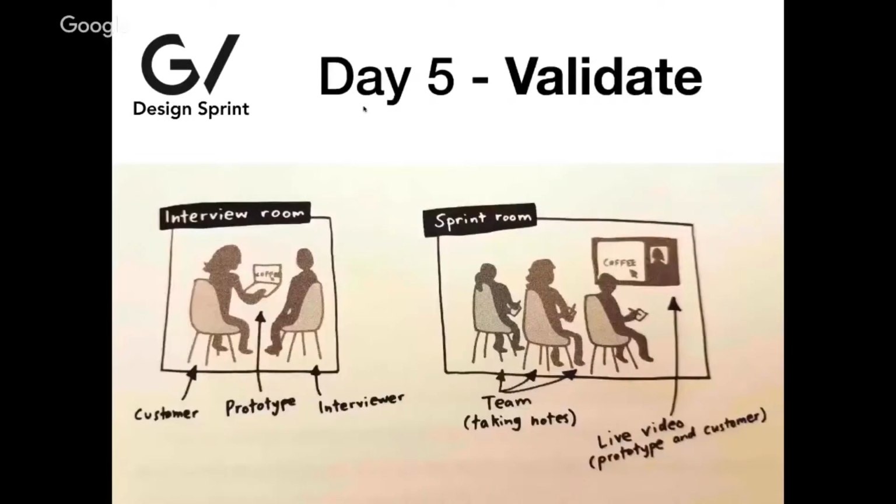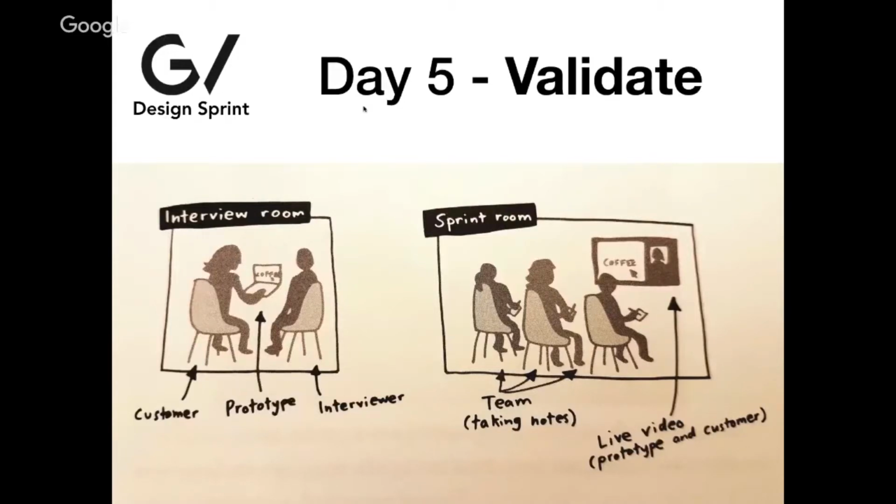So on Friday, on the last day, we will have 2 rooms. In the first one, there will be our customer, 5 of them should do the trick. They will try to use our application, our prototype, with just one person sitting with them, sort of guiding them, asking them questions to find out what they are really thinking, how they are reacting.